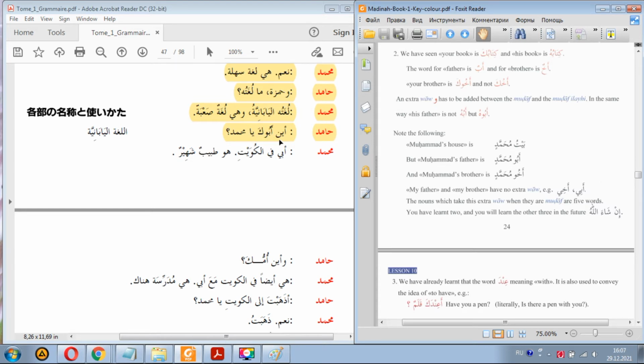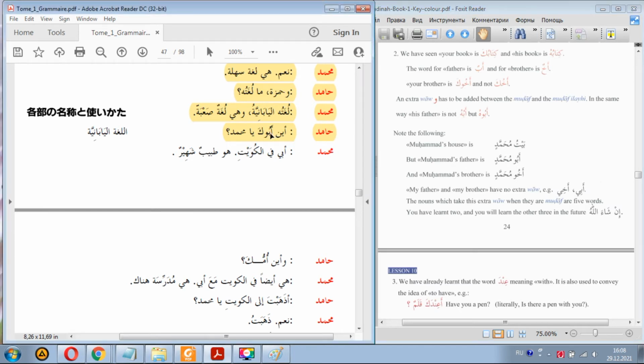Well, that's the rule for 5 nouns. You are introduced to 2 of these so far, abun wa akhun, and you'll learn the other 3 in the future, inshaAllah. So for now, just know that if you have the word abun or akhun and it's in the position of mudaf, something that's possessed, you have to put back this waw. Aina abuka ya Muhammadu.